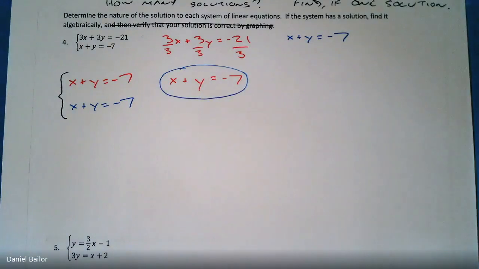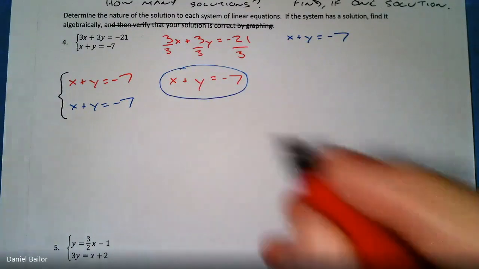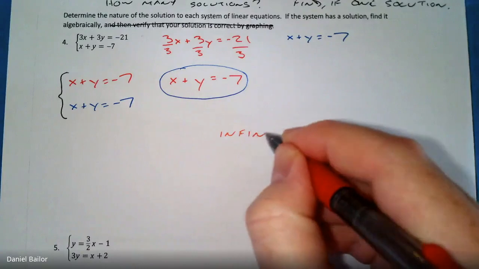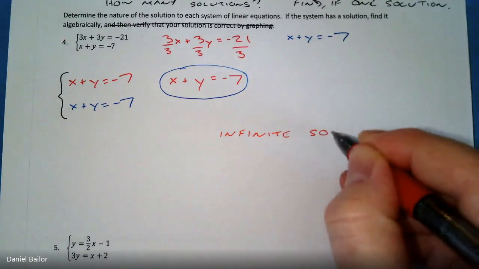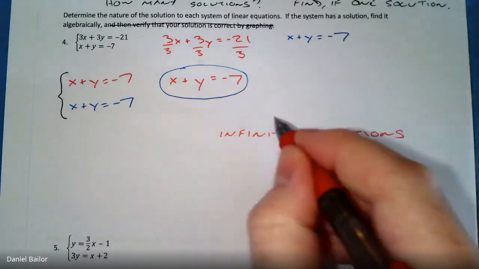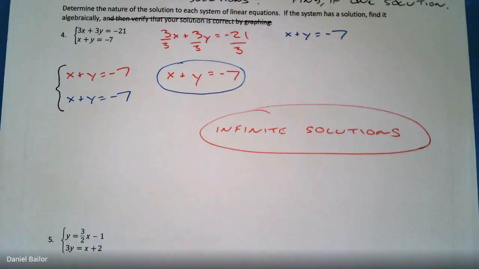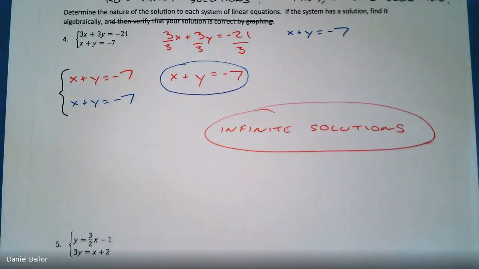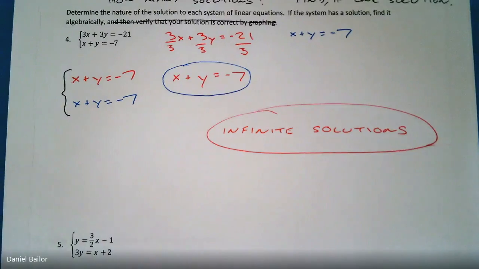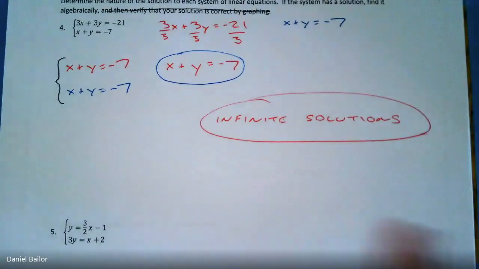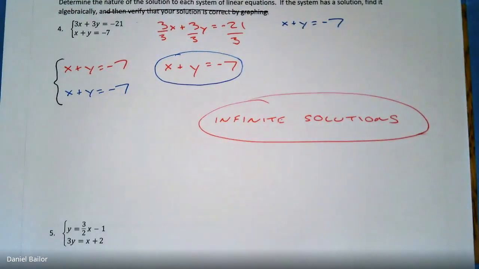So we can actually stop right here and just say that there are infinite solutions, because they are the same equation, same line, infinite solutions. And because there's infinite solutions, we don't need to do part B where we find the solution, because there's an infinite number. We're not going to just find one. So there we go. Number 4, we just simplified and we saw that they were the same.